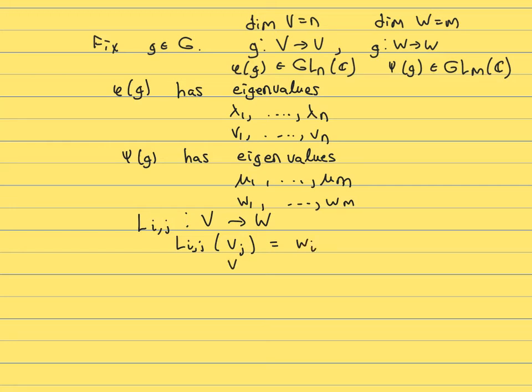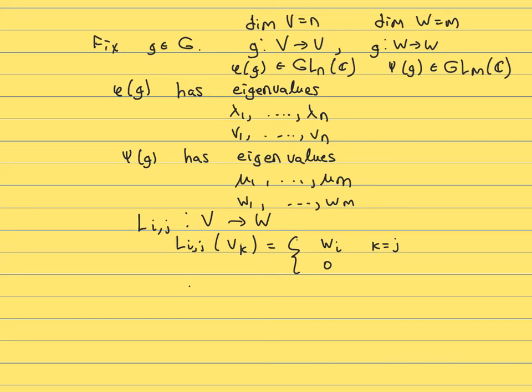And for the other eigenvectors, they get sent to 0. So more accurately, it takes one of these eigenvectors, v_k, and either sends it to w_i when k is j, or 0. This is, of course, a valid linear transformation from V to W.